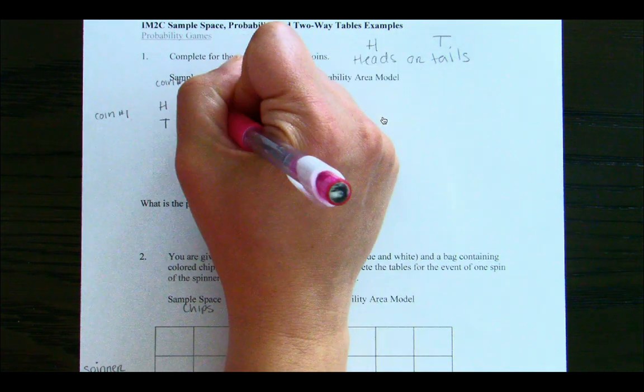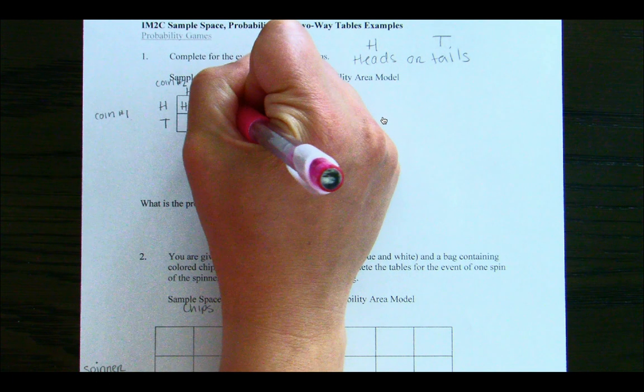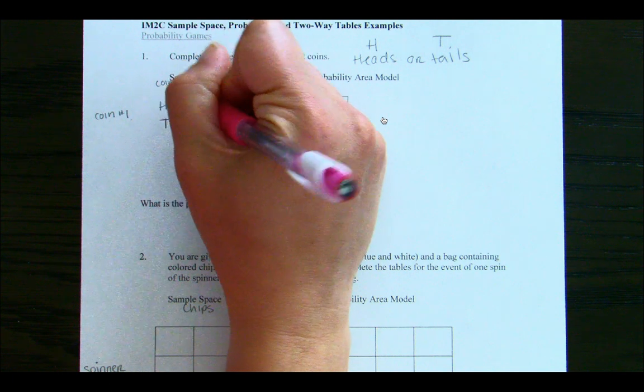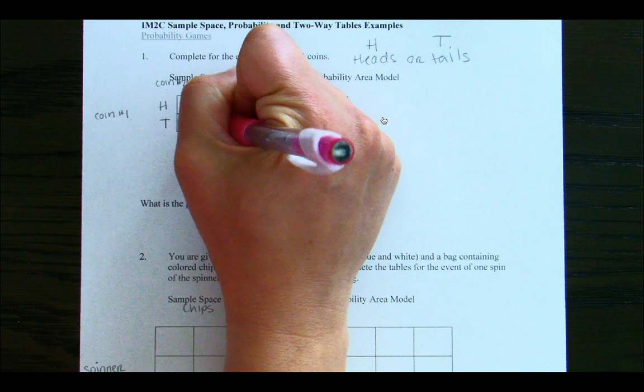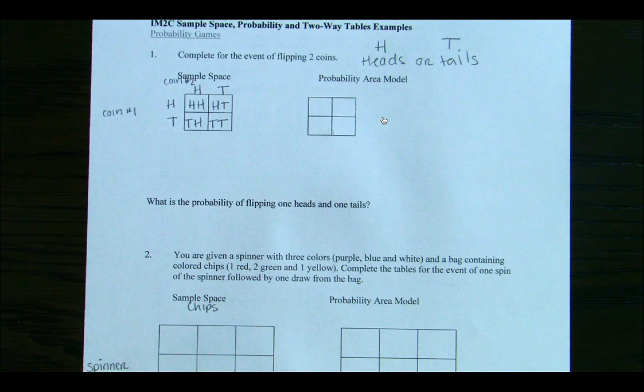The next one would be heads, tails. This one would be tails, heads. And the last one would be tails, tails. So this is fairly similar to the way we looked at the area models that we've used previously.